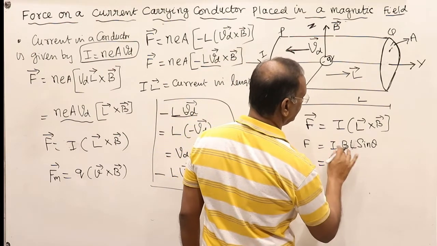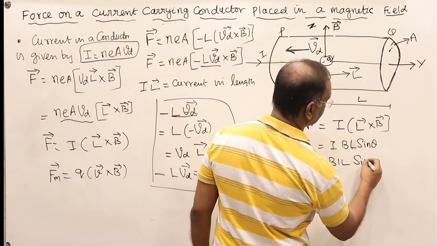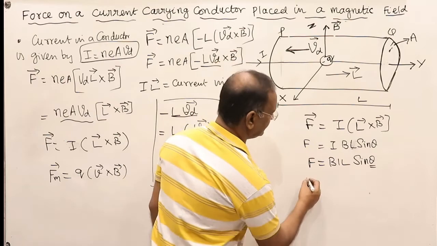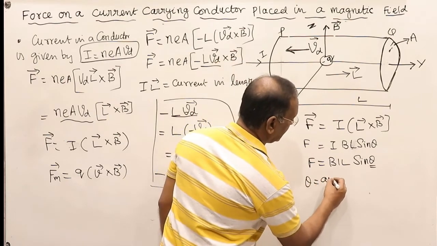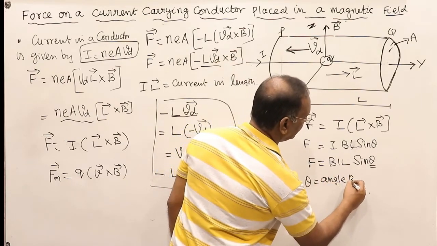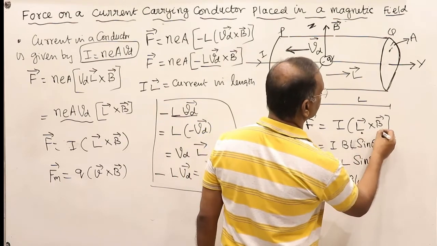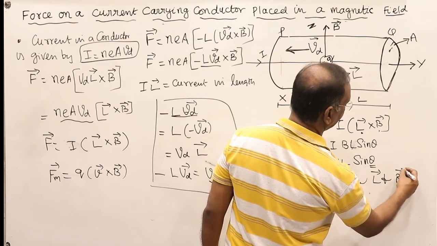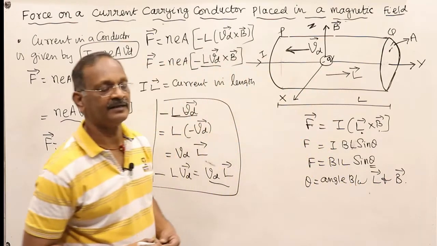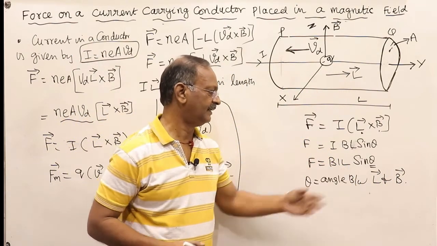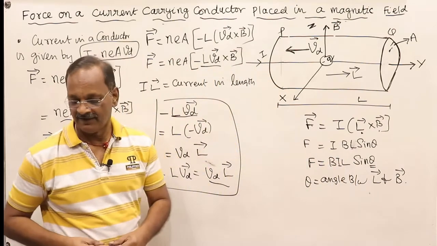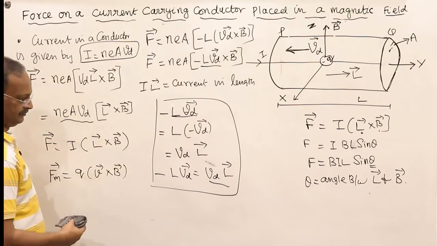We can remember it as BIL, bill, sin theta. It means the force is also angle dependent, where theta is the angle between these two, L vector and B vector. You should not get confused, there are so many Is. Where I stands for current. Current is a scalar quantity. In fact, it is a tensor quantity.